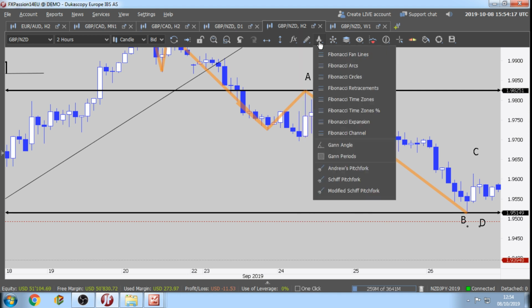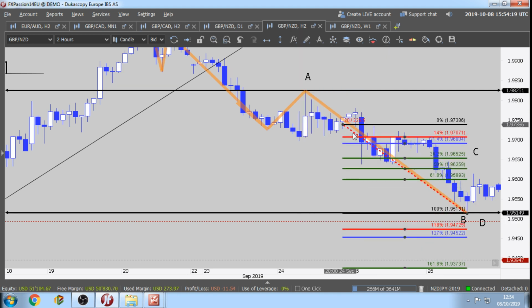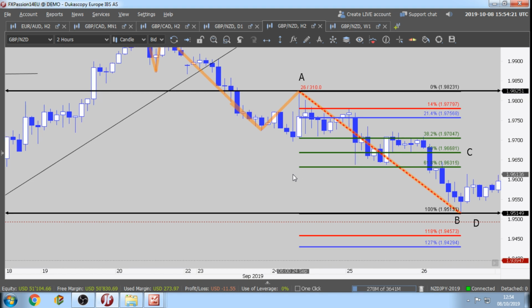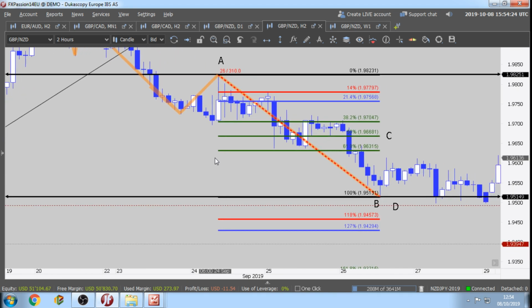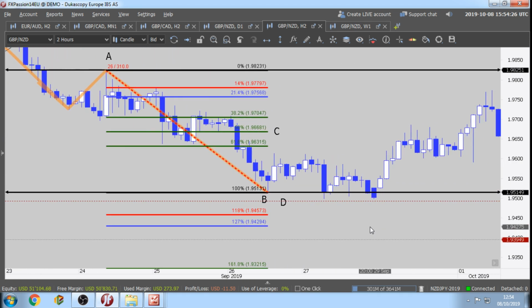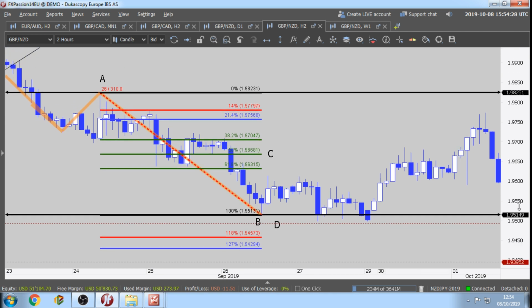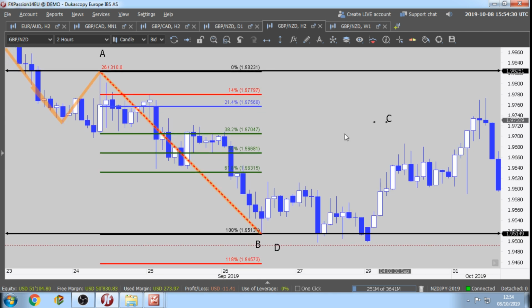So horizontal line, A to the B. Fibonacci retracement tool, and let's see what is happening. The market is moving sideways. Okay, this was a great trade, everybody. See? A, B, C, D, 1 more minute.